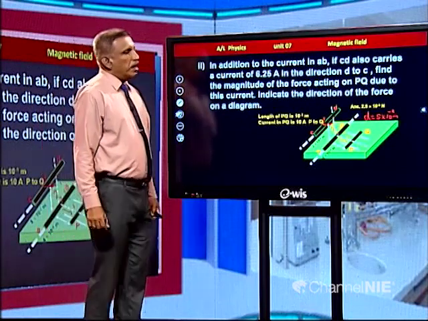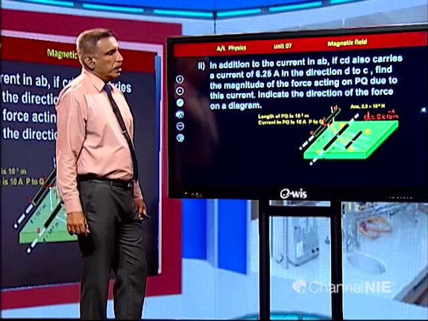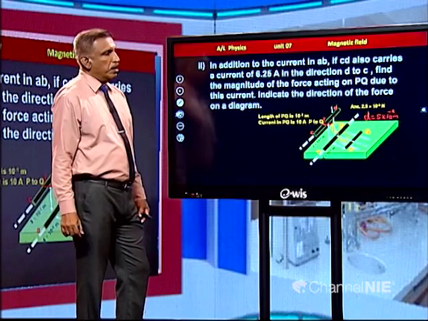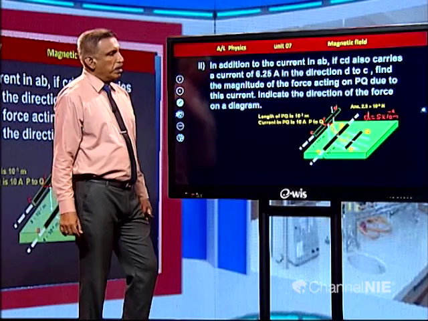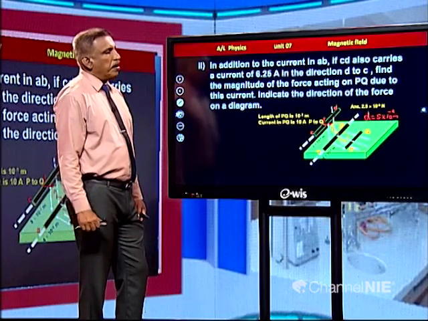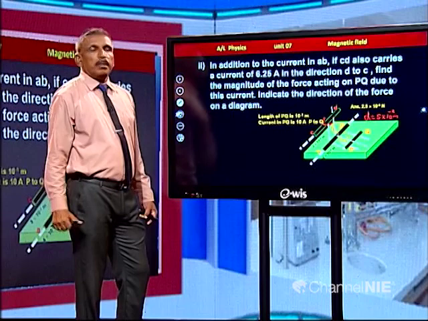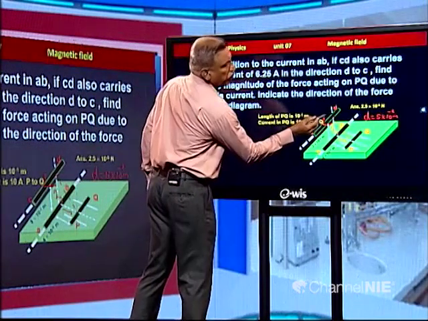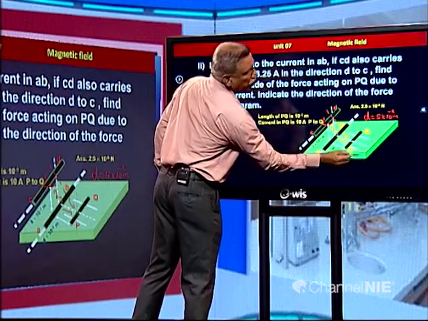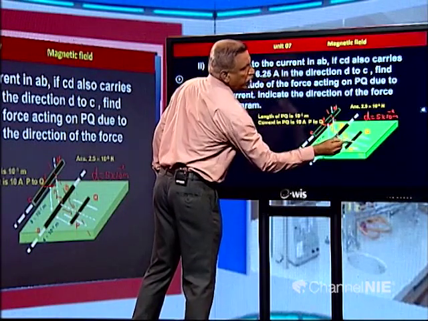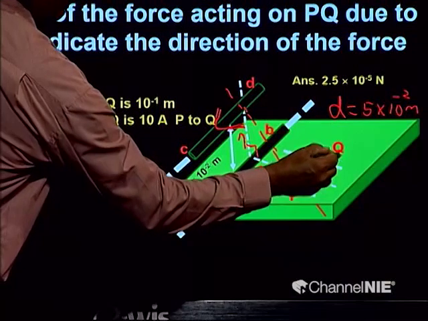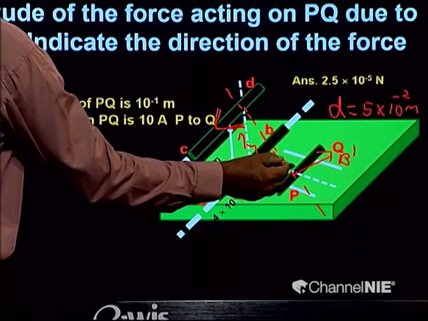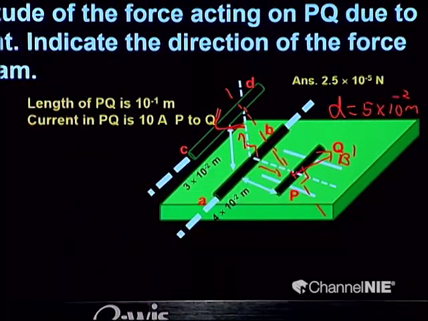So, there is a magnetic field set up on PQ due to this conductor CD. So, what is that magnetic field? Take your right hand and find the direction of the magnetic field. That magnetic field, we write B there, is perpendicular to the line joining these two conductors.